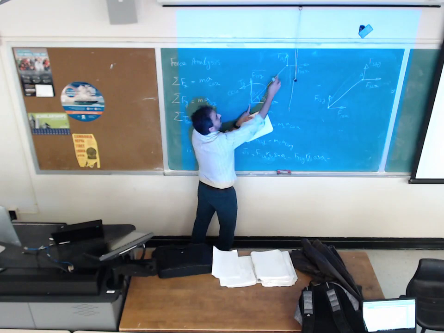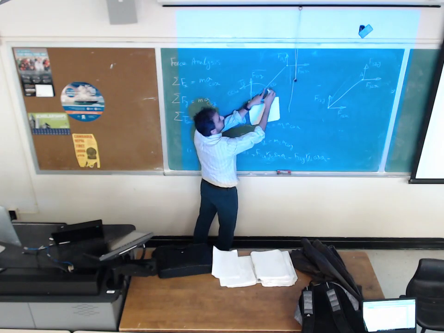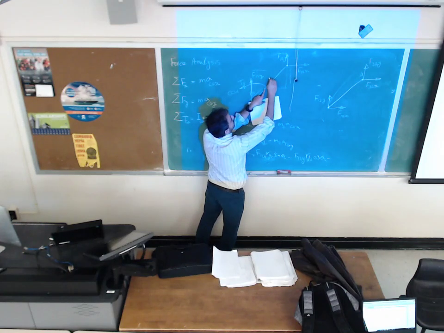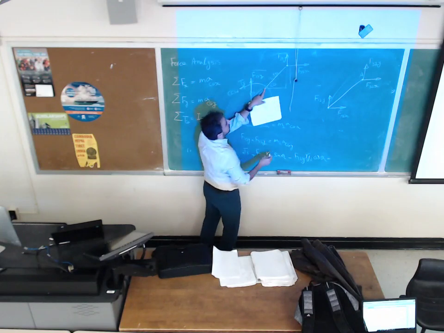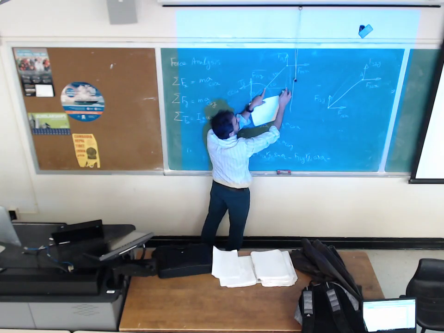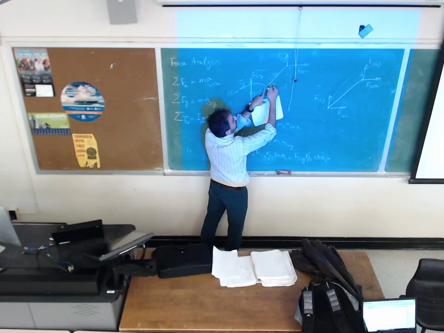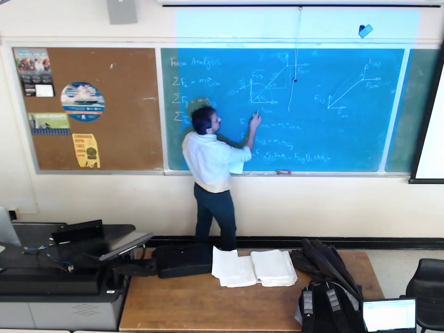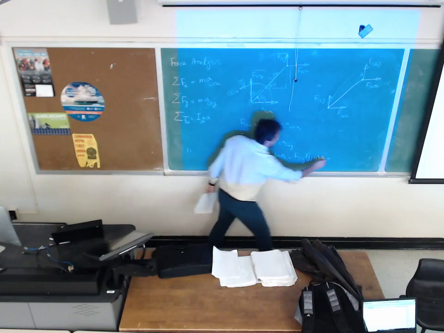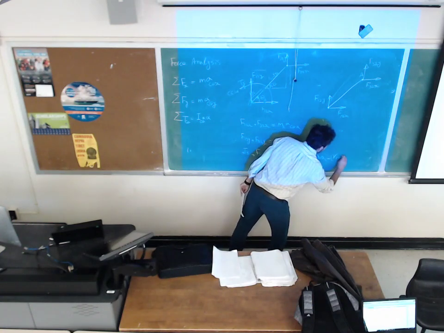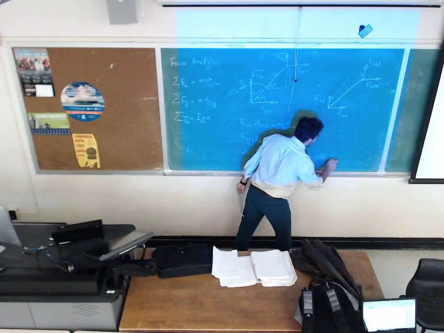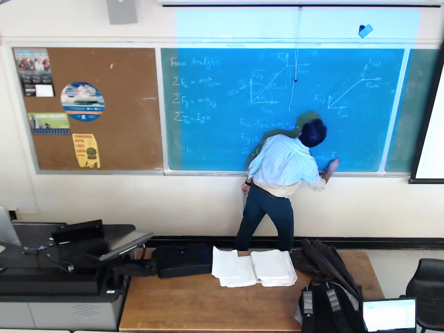So if I'm looking for this guy, it's going to be R2 minus RG2 times sine of theta 2. This angle is theta 2, same as this one. So let me first write the force: F32x times R2 minus RG2 sine of theta 2.